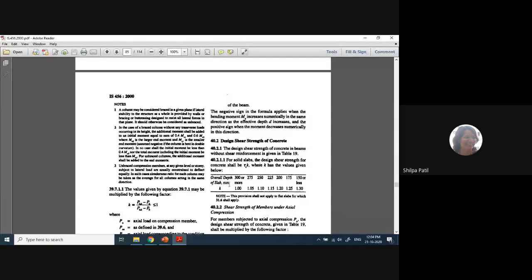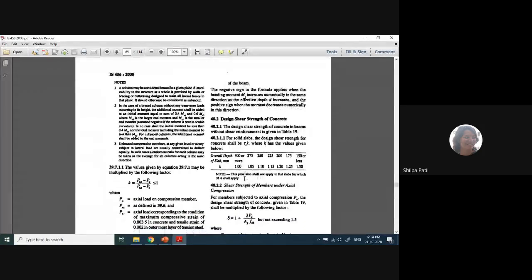This table you also need to refer to for slabs. This was not there for beams. Am I right? Yes, ma'am. For solid slabs, the formula is K into tau C. The K value is to be adopted based on this particular table. Against the overall depth of the slab, the values are given here and the corresponding K values are given.